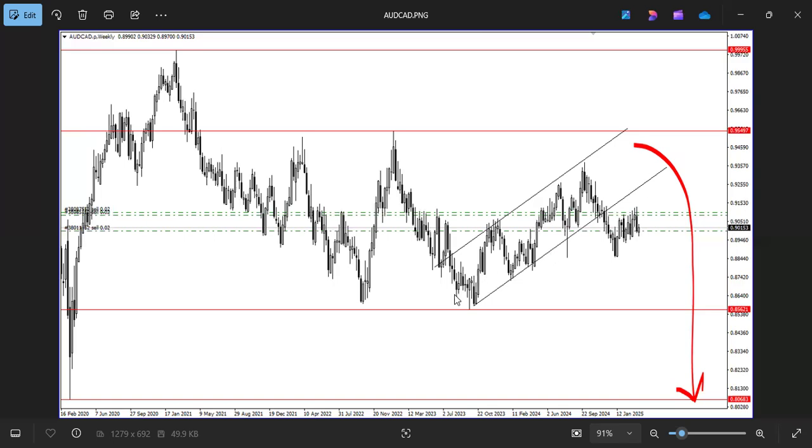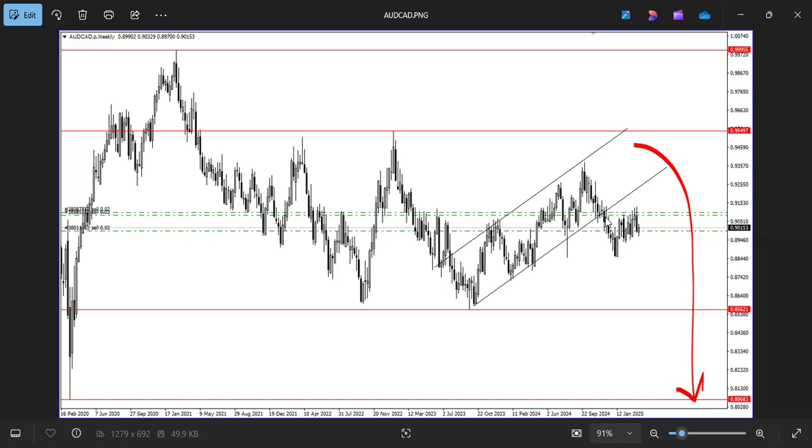As price was moving up, it was being controlled by this upper line and this lower line. Recently, we saw price successfully breaking the lower line, and since then, price has never gone back into this equidistant channel line pattern.